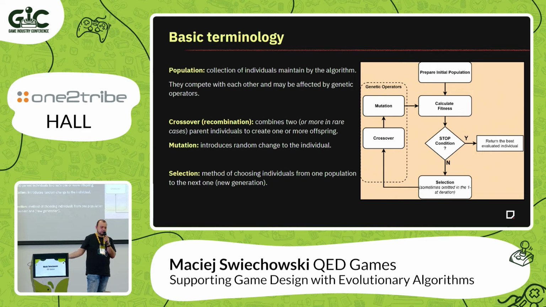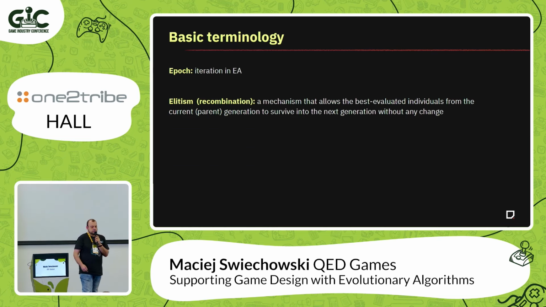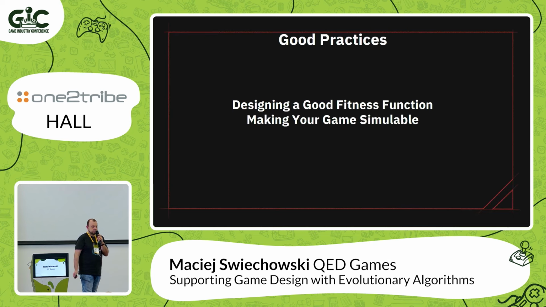The process goes in a loop until some condition is met. For example, we have an already good solution or some number of iterations has passed. But this is the basic idea. Mutation just introduces some random change to explore the space of the parameters, and crossover exchanges information. So maybe two good solutions will produce an even better one.